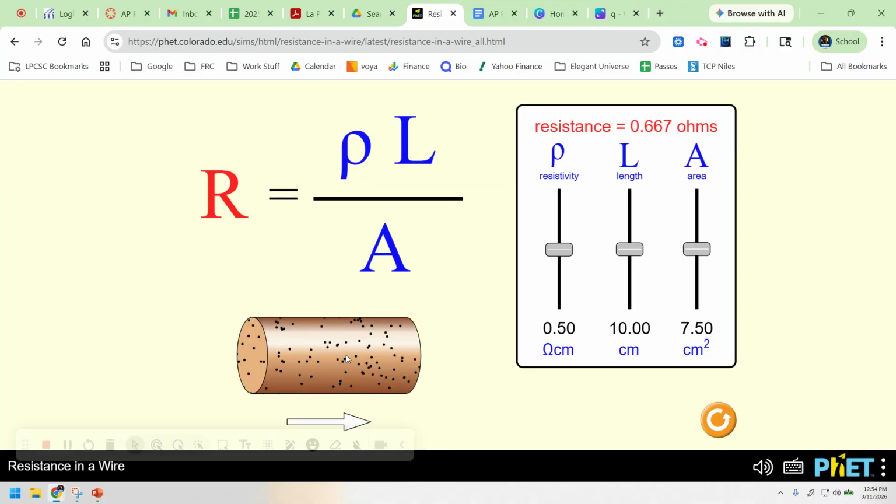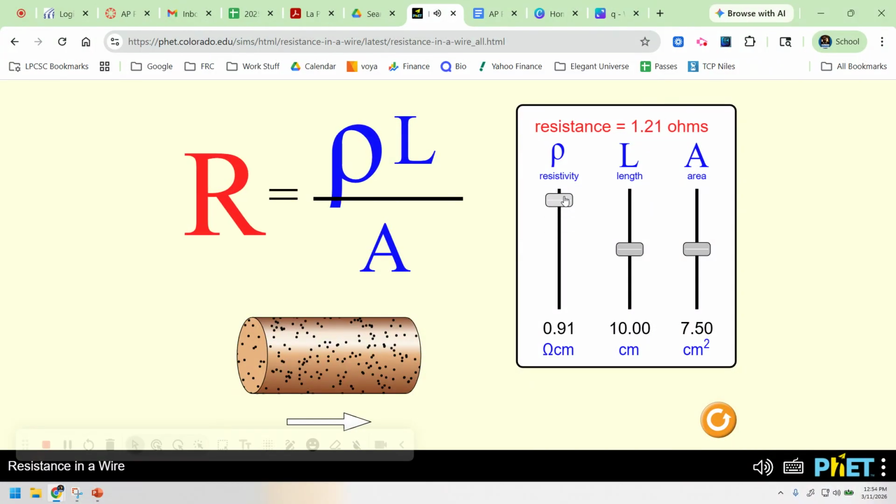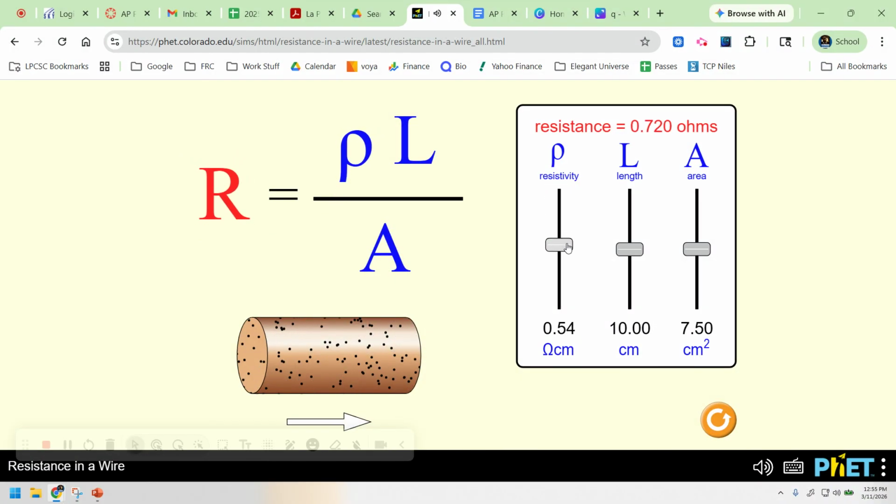All right, so we have just this wire, right? And if I increase the resistivity, and this is all based on these mathematical relationships, my resistance increases. So if I have something like copper, I have a low resistivity, then my resistance overall in ohms is less.